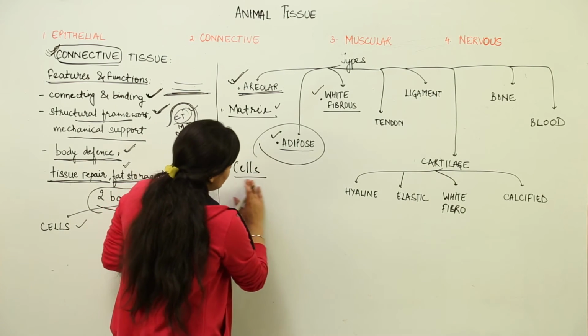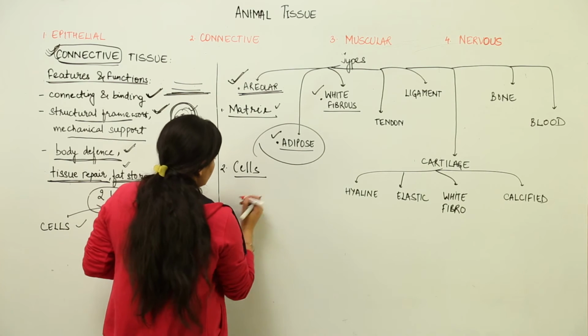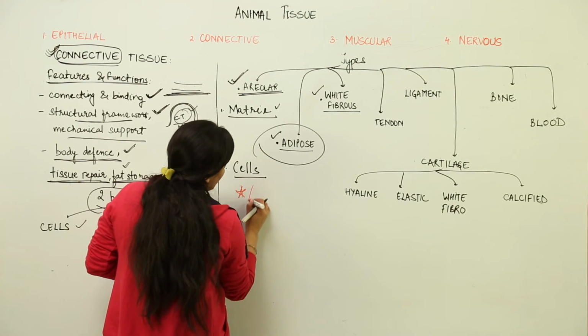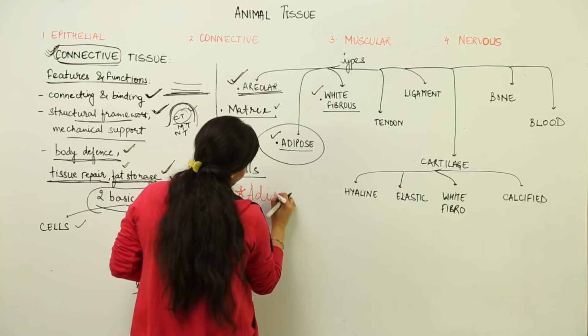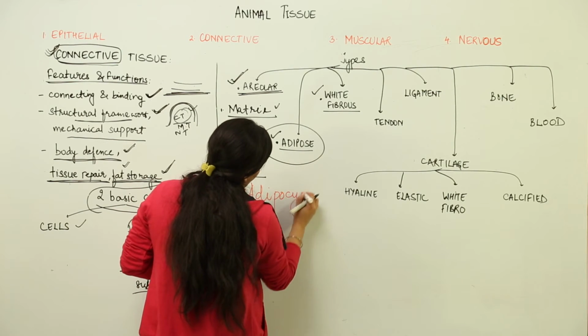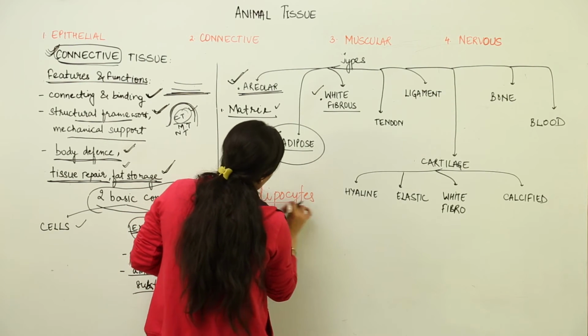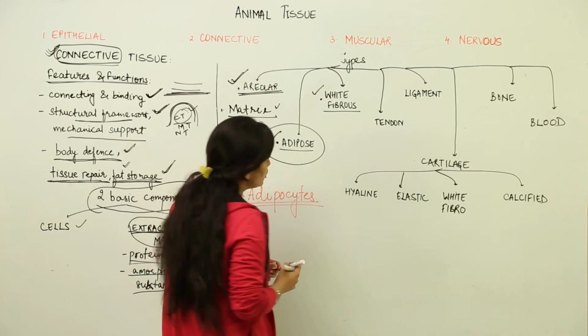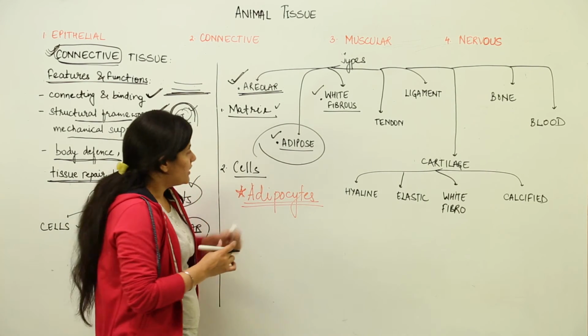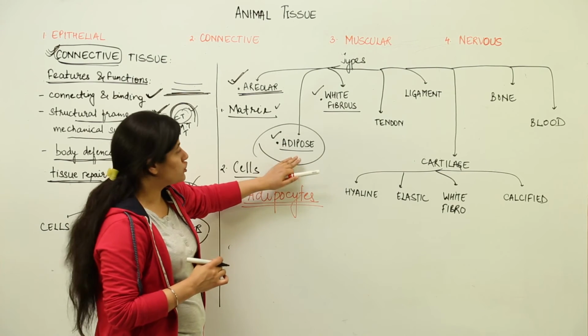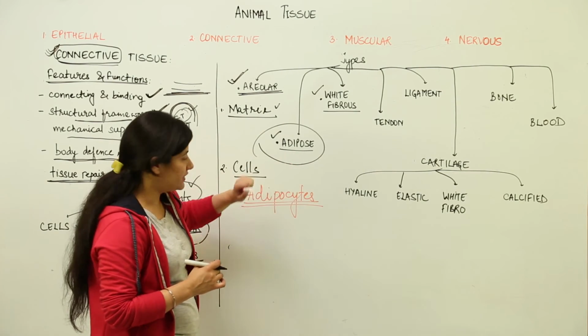Now when we talk about cells, the characteristic feature of adipose tissue is adipocytes. When I am talking about adipose tissue, I am referring to fat storage cells. This tissue is responsible for storage of fats inside the animal body.